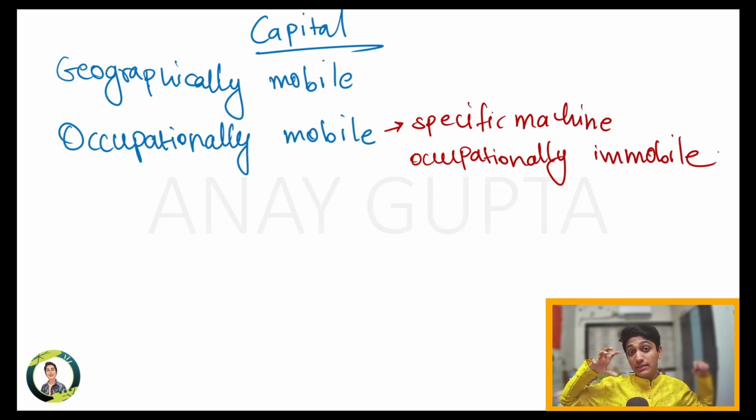So, guys, the key idea why I'm going so in depth and giving you so many examples is that that's how you train your mind to think. If you are using the conventional method of just opening up your textbook, reading up, and just accepting the fact that capital is geographically mobile and occupationally mobile, then that's not going to help.